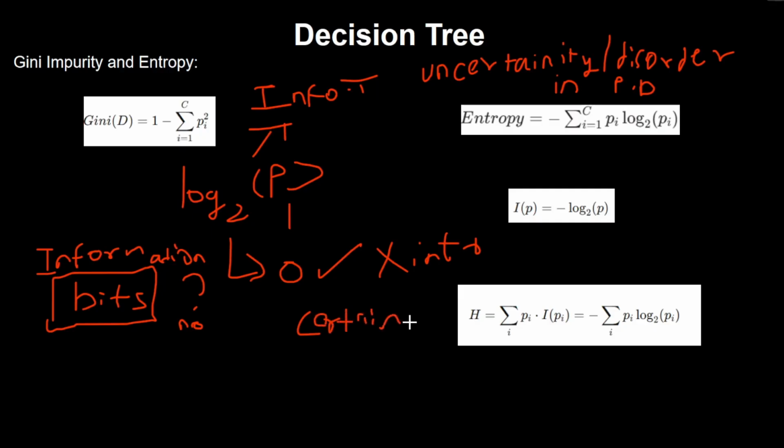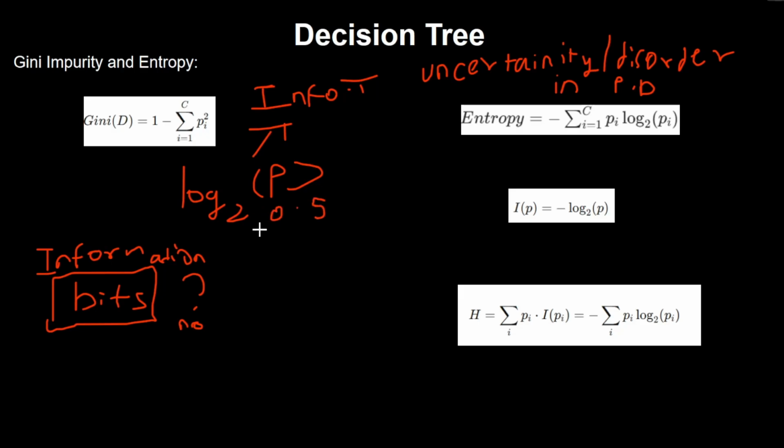It's certain. Similarly, let's see if the probability value is 0.5. What will we get? Log base 2 of 0.5 is minus 1. But entropy is always measured in positive terms.